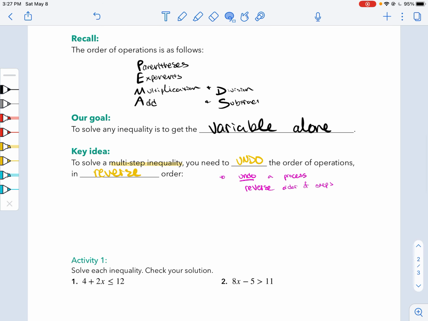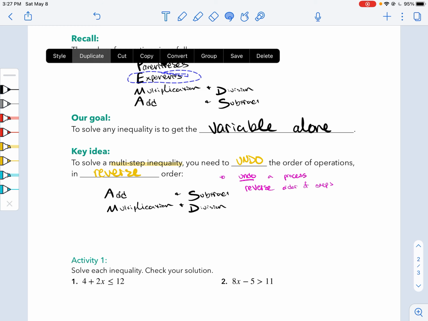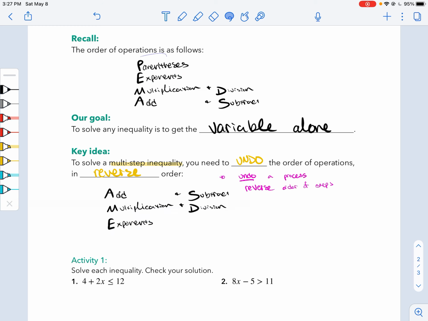The first thing we're going to do is add and subtract. The second thing we're going to do is multiply and divide. After that, we'll take care of exponents, and after that, we'll work inside the parentheses.